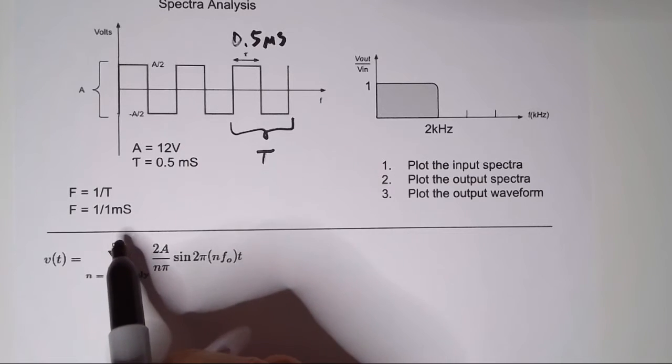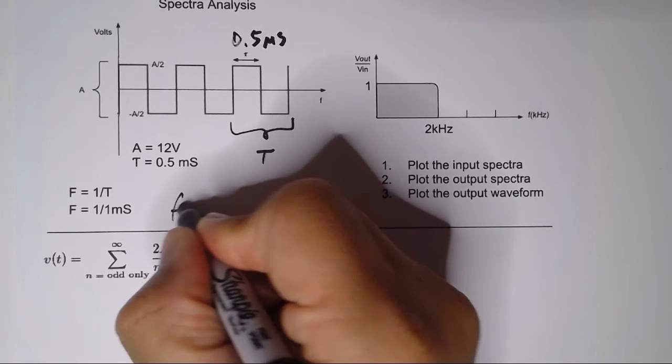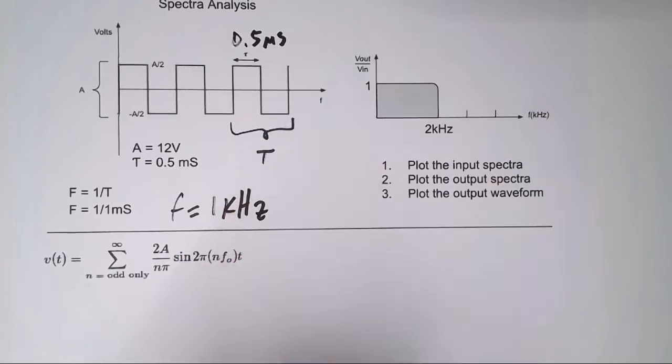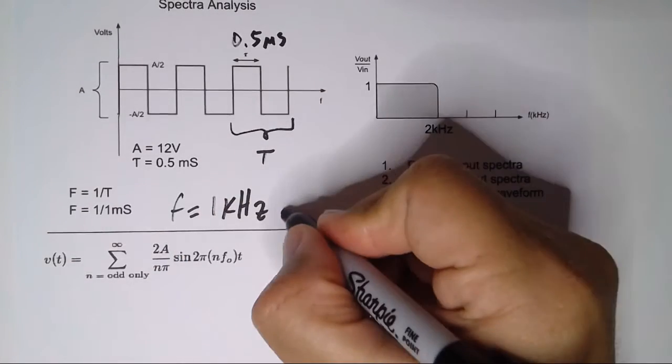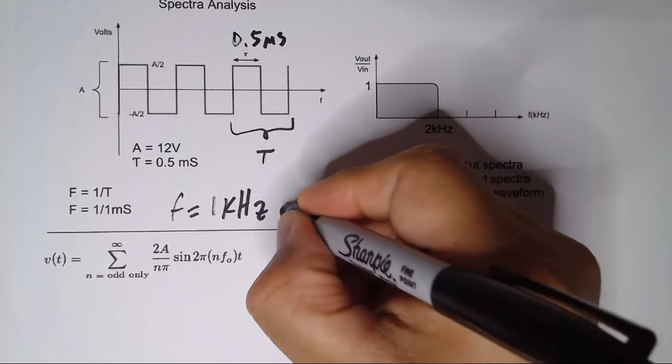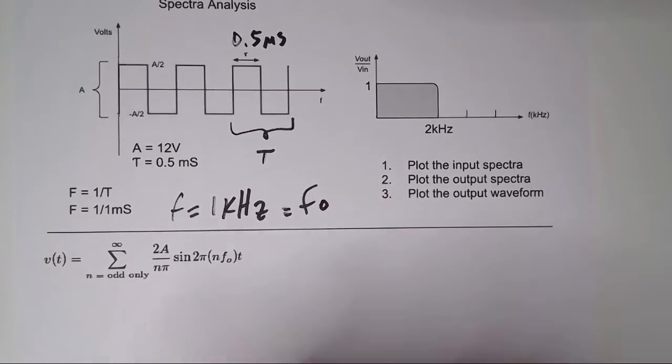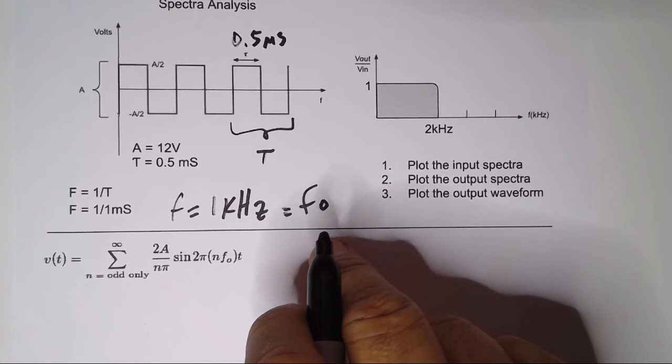In this case it is 1 millisecond, and we have that the frequency is equal to 1 kilohertz. Now this frequency is going to be equal to the fundamental frequency. So we will be using this frequency everywhere.